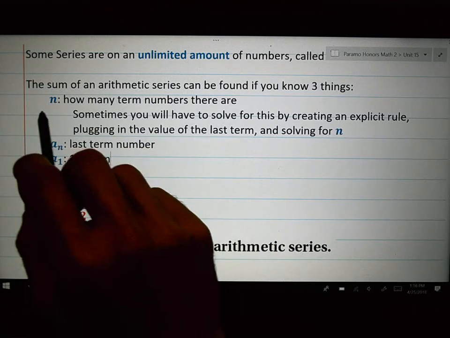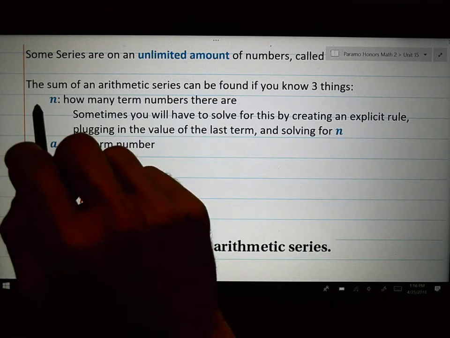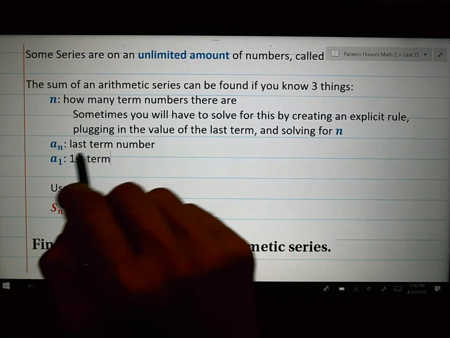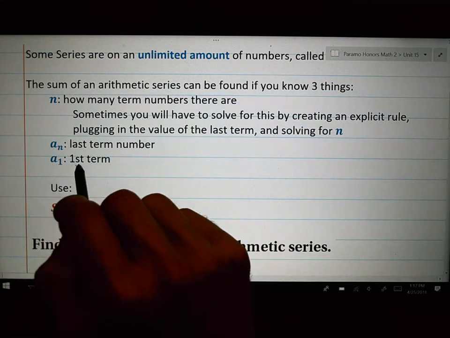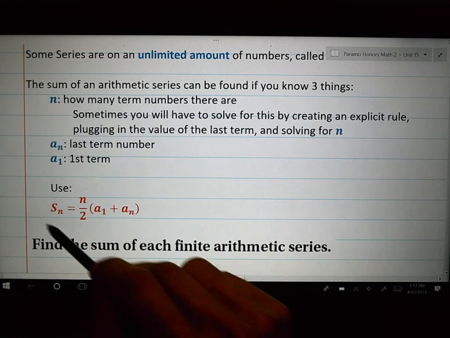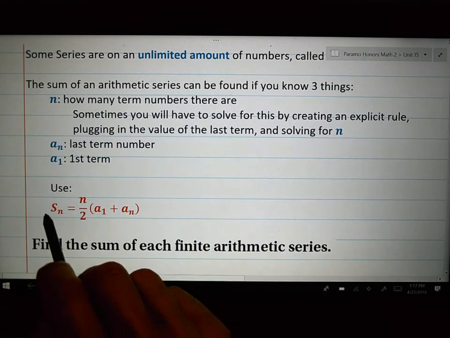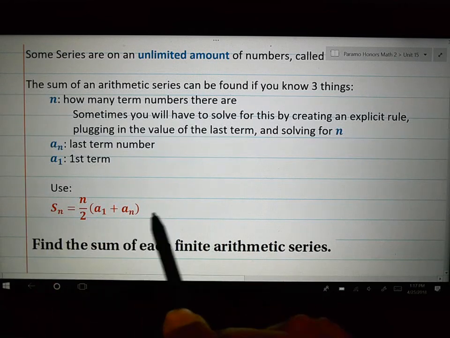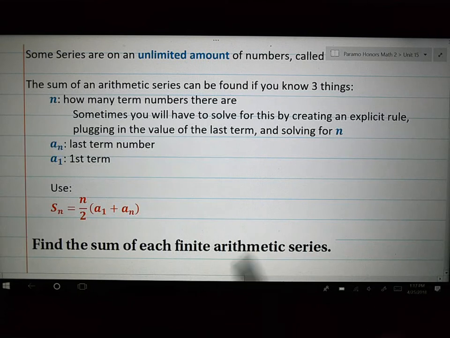If we know how many term numbers there are, if we know what the last term number is and we know what the first term number is, a of 1 and a of n, then what we could do is we can use this formula to find the sum of all the numbers in the series. It's called a series because we're going to add all the numbers in the sequence up together.